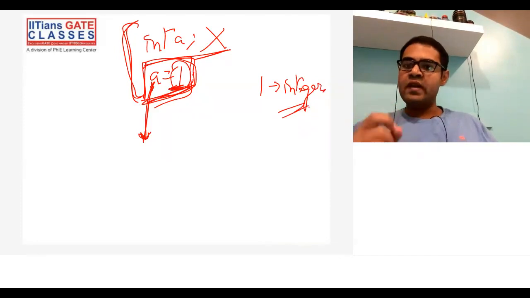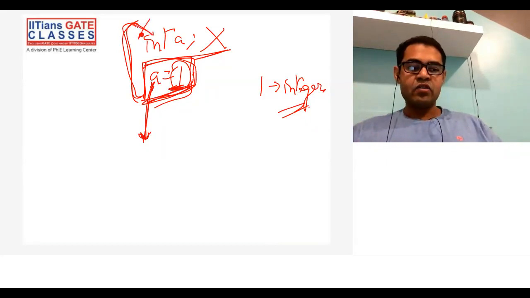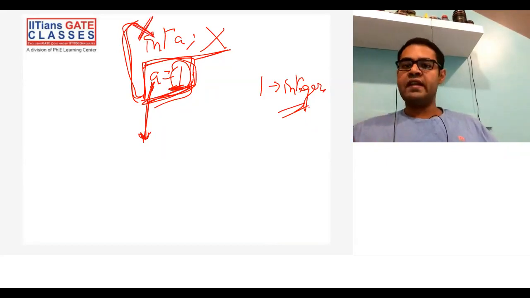And when it tries to check the symbol table for that value, it will find that since the declaration statement was not there, A is not assigned any data type. For this simple reason, it will throw an error saying that A is not declared before its use. A is being used over here, but it is not declared. This is why this error will be caught in semantic analysis.